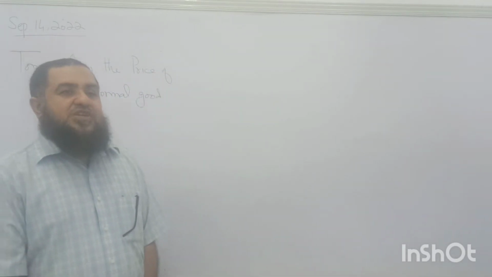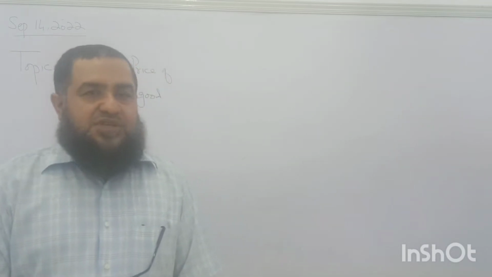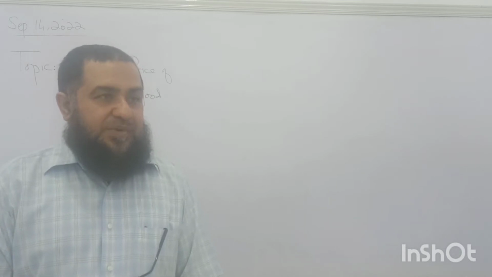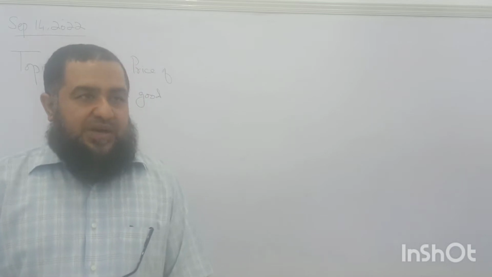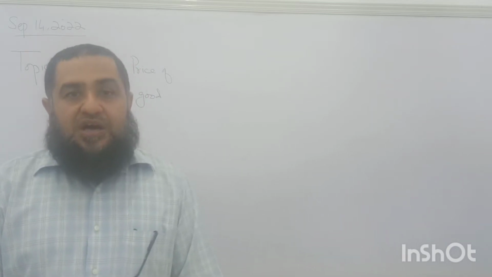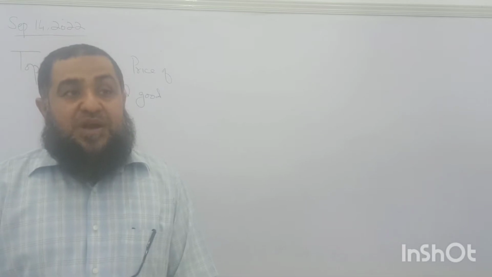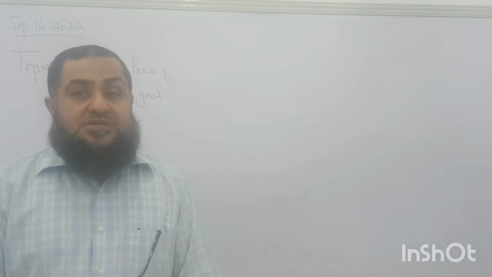And this case was previously not mentioned in the textbooks, but I have seen a few questions related to this topic. So in the new book, they have also given a diagrammatic explanation of a normal good's substitution and income effects when the price of a normal good increases.